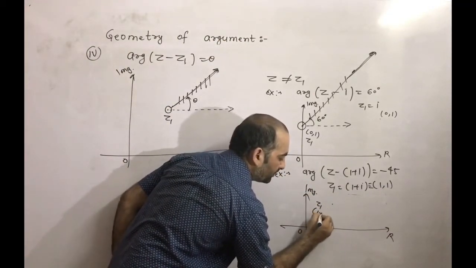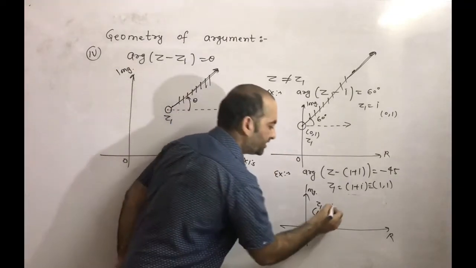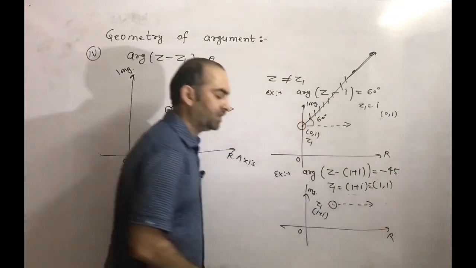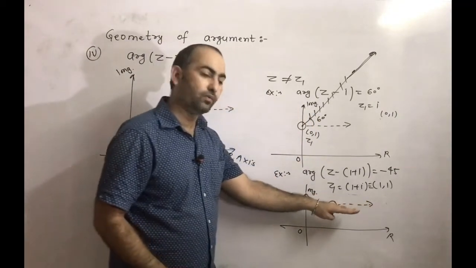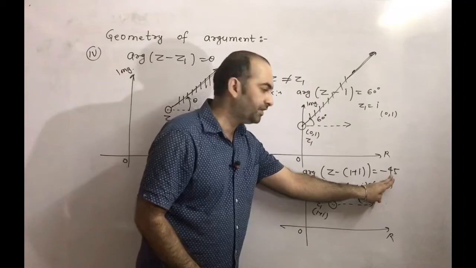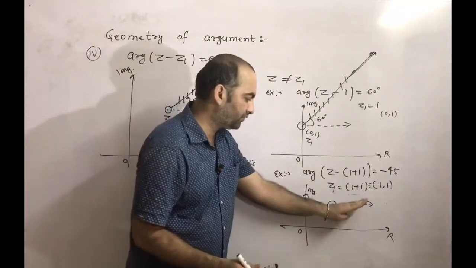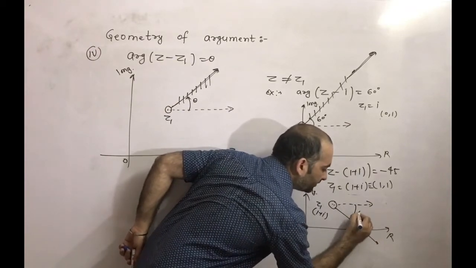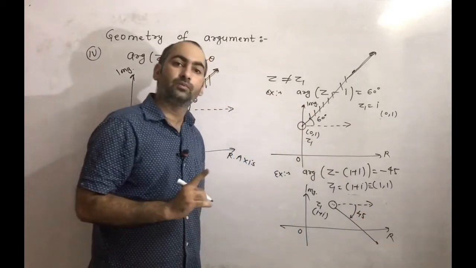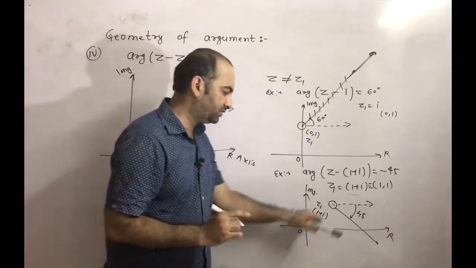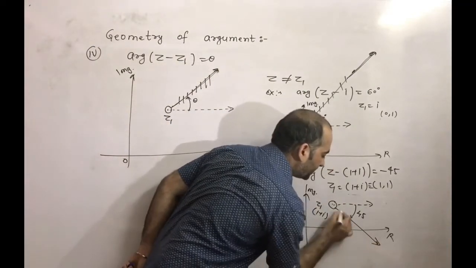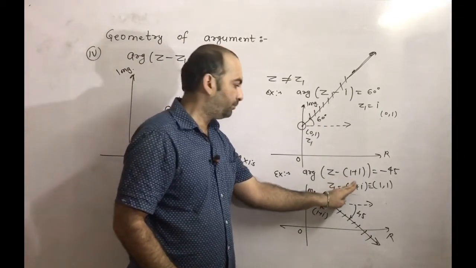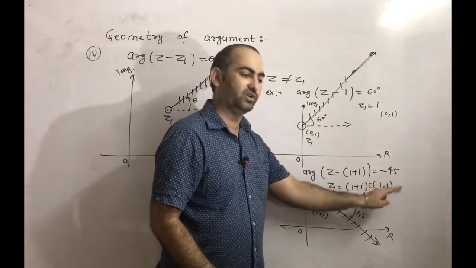This is 1 plus i. This point is not included, and we will draw a line parallel to the positive real axis. Now we will take one ray which will make 45 degrees in the clockwise direction, with the positive real axis. So this ray will represent the argument of z minus (1 plus i) equal to minus 45 degrees. So this is your answer.